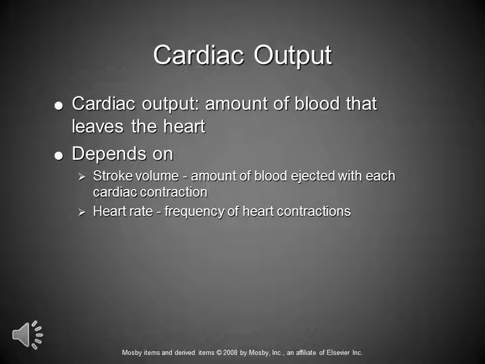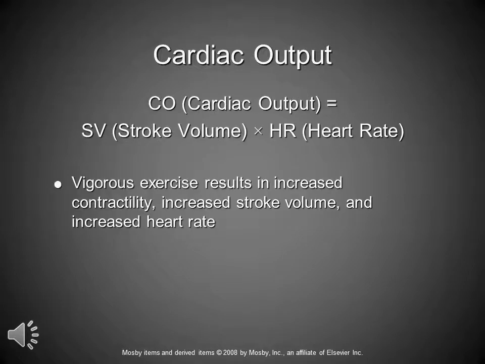Heart rate is also going to play a factor. Obviously, if the heart beats faster, then we're going to pump more blood. So we can vary stroke volume and heart rate to adjust cardiac output to ongoing body needs. A simple little formula is cardiac output is equal to stroke volume times heart rate.